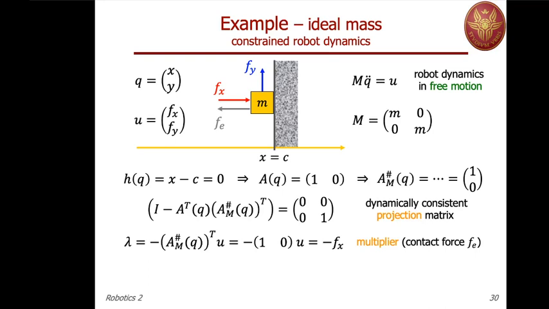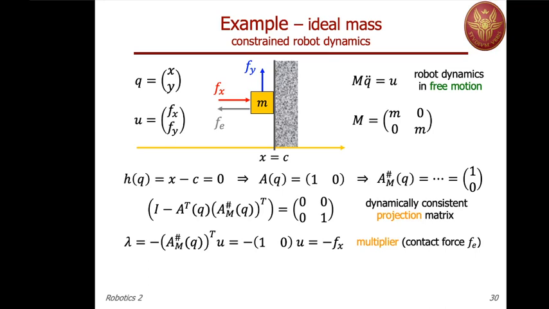So pay attention, there's a slight difference between what we have said before and the fact that now we are really constraining forever the mass to belong to the contact surface.